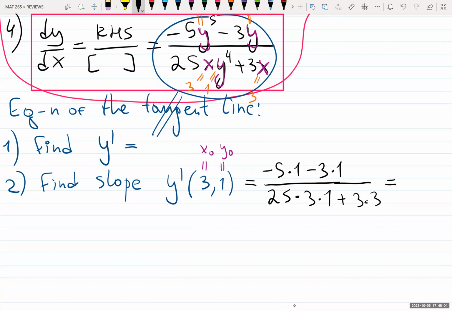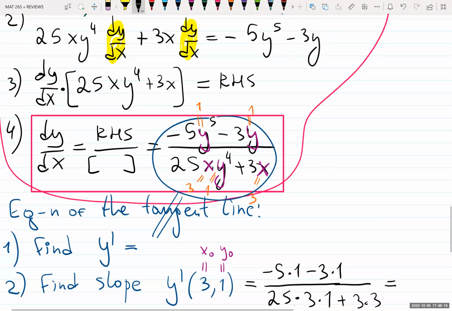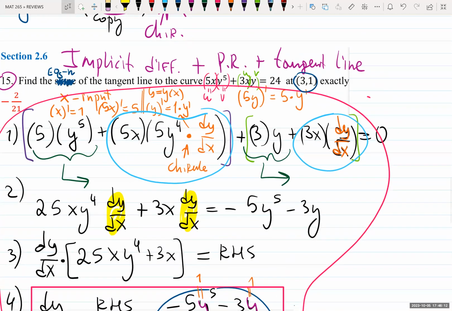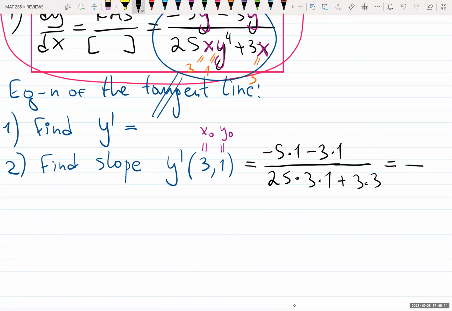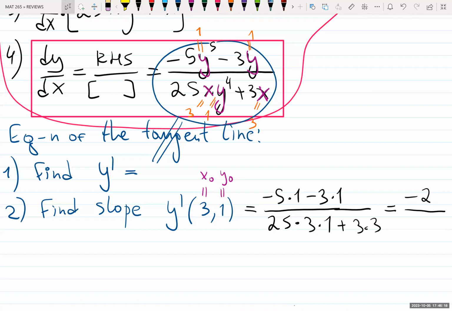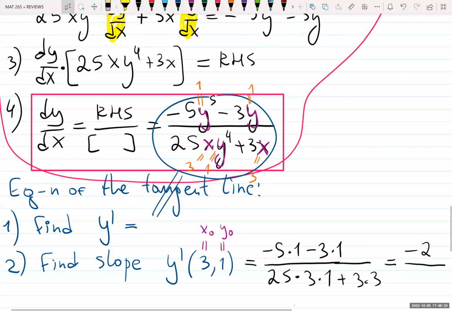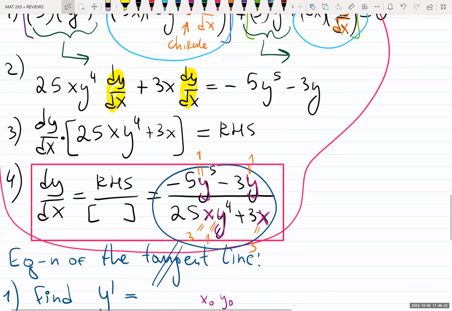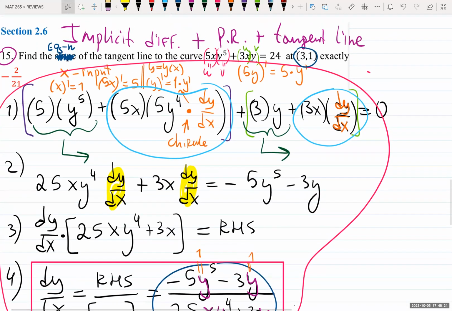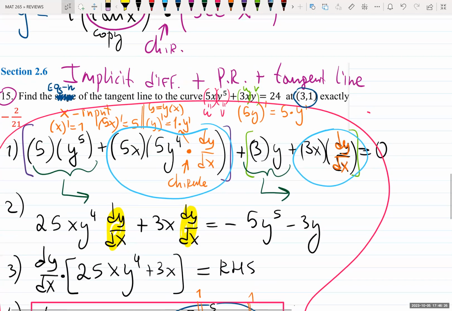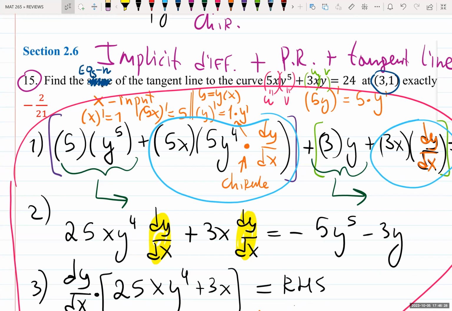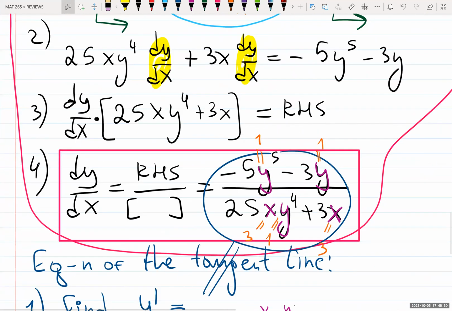Yeah, this is some kind of number. Actually, don't they give me the answer here? The answer is minus 2 over 21. It's minus 2. Is it? Then I messed up a sign. Was it plus? Maybe it's a typo. Find the slope, because they gave me the slope.